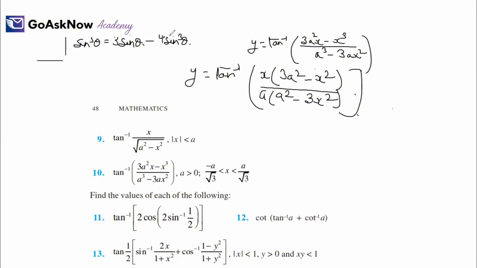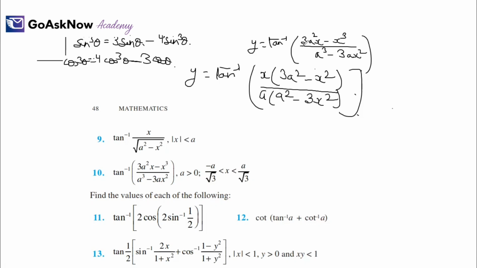And also one formula for you is that cos 3 theta is equal to 4 cos cube theta minus 3 cos theta. So you can use these formulas also. So yeah, let's do that also here. So that will be easier to you for solving. And let's do that also here.